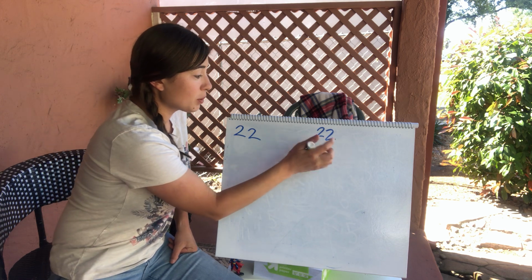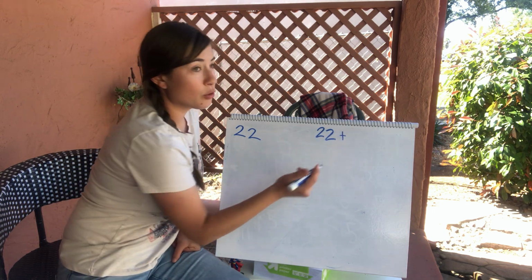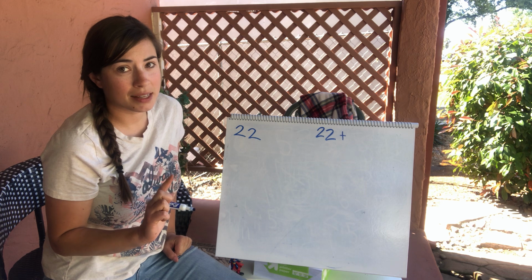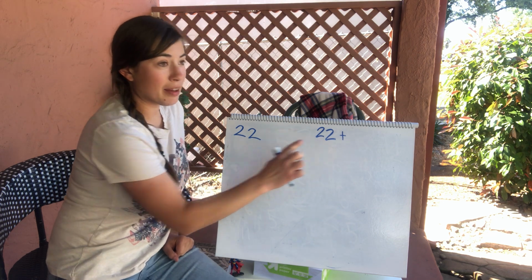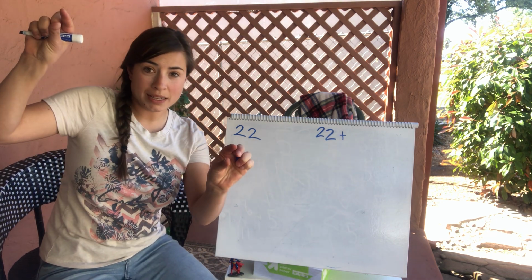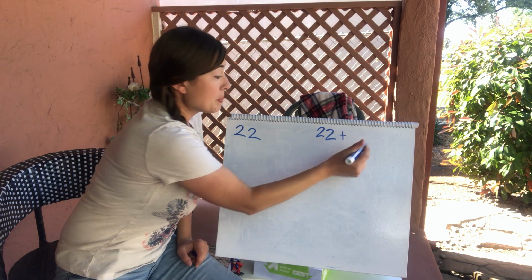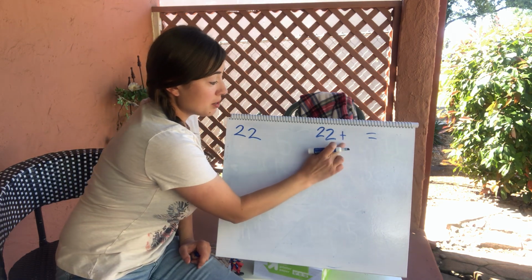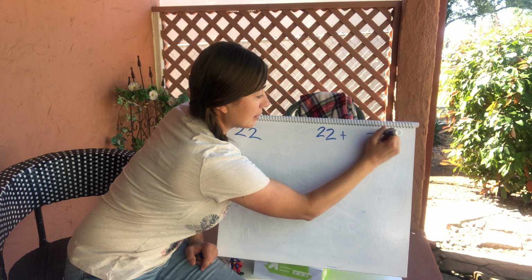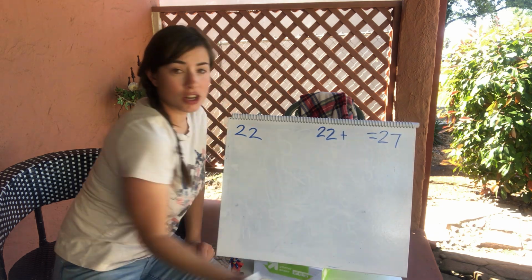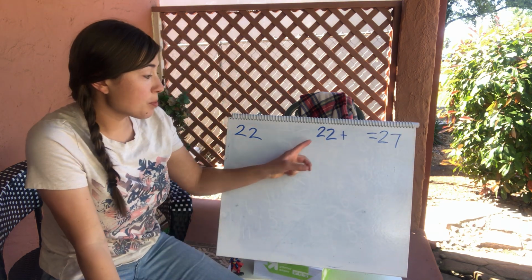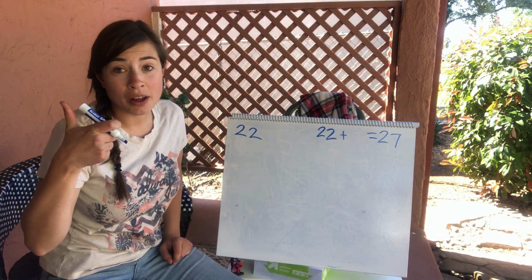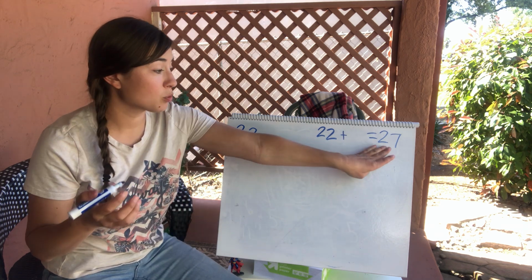I estimated 22, and I know that 22 is less than 27. So in order to get from 22 to 27, I'm going to need to add more. I'm going to write an addition problem, and there were 27 jelly beans in the container. So I'm going to start at 22 and count on until I hit 27.